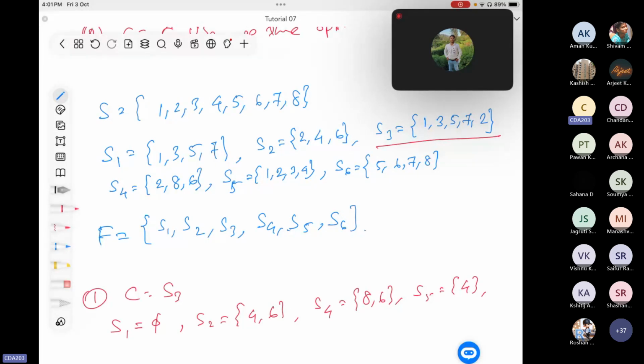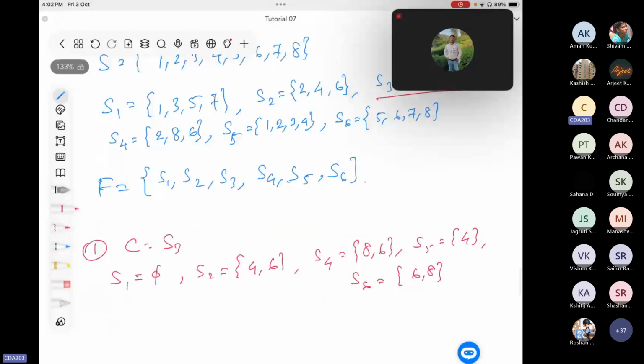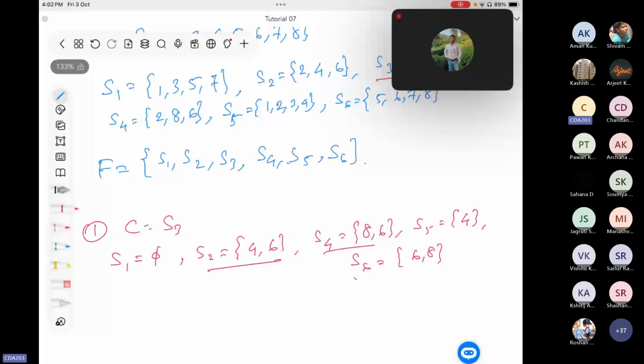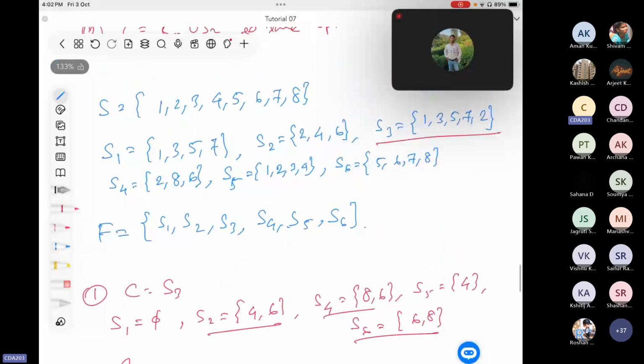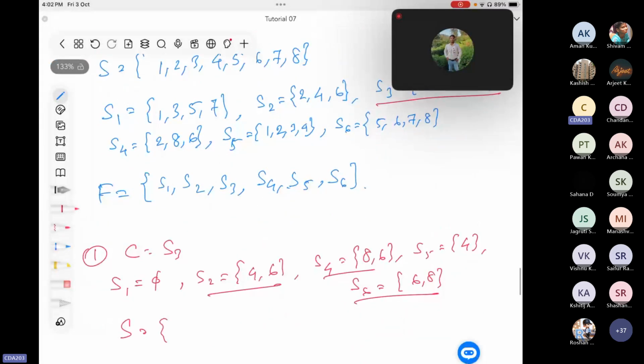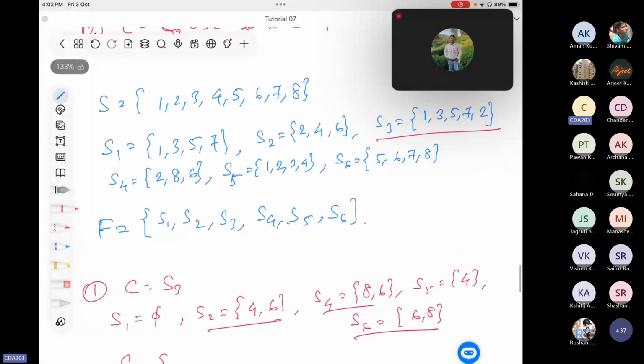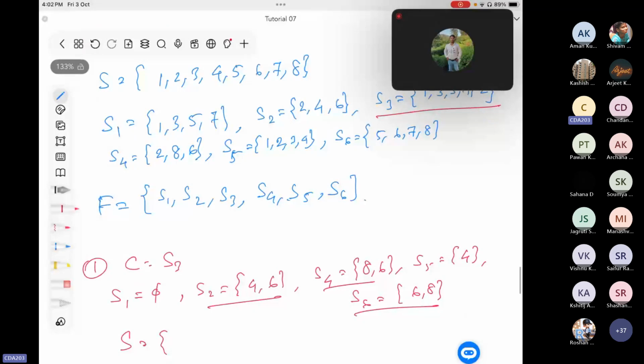And S6 is 6, 8. So S4 and S6 are the same. So there are 3 sets that have the same cardinality. You can choose any one of them, and your S is upgraded to 4, 6, 8.